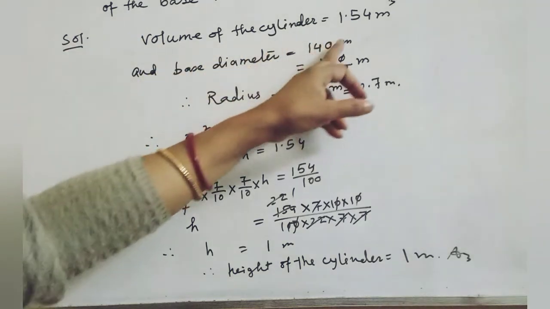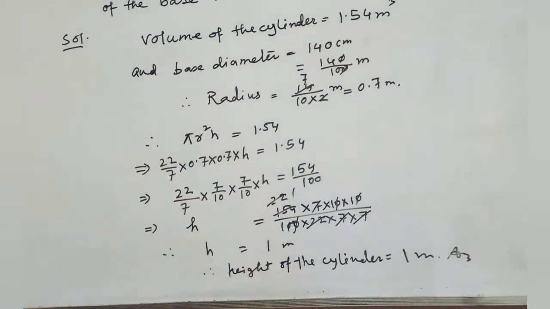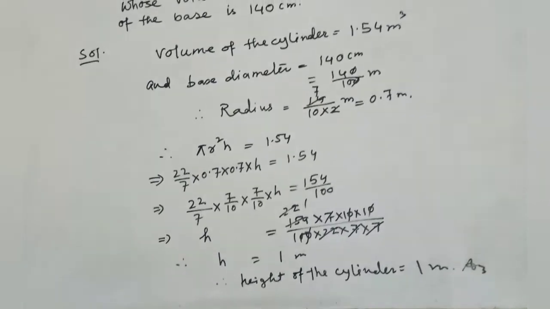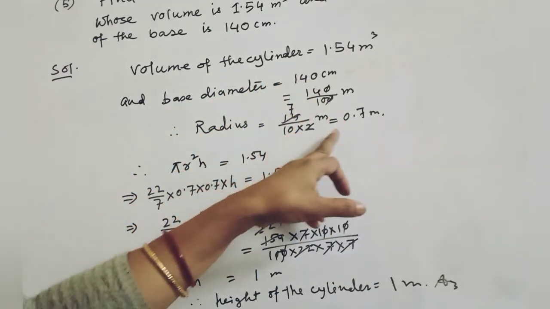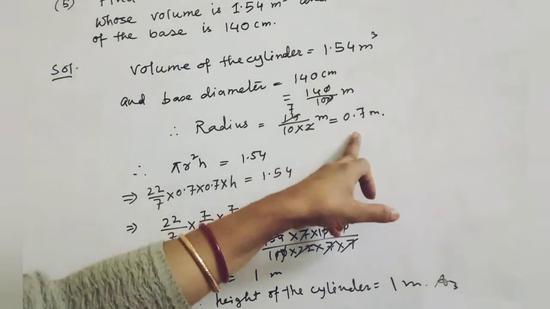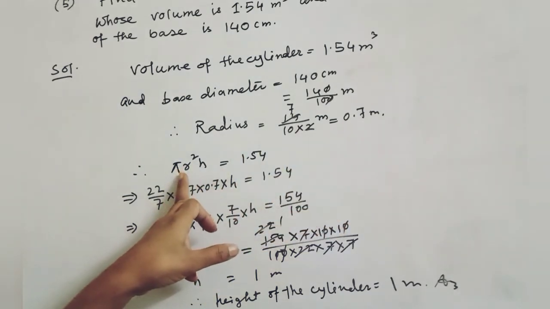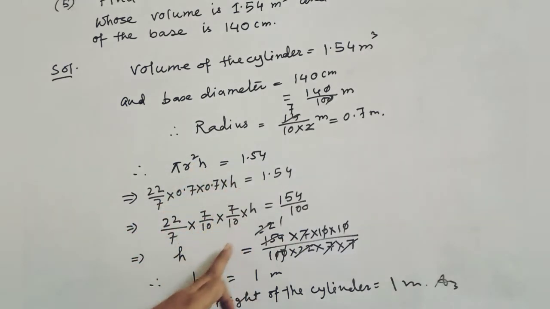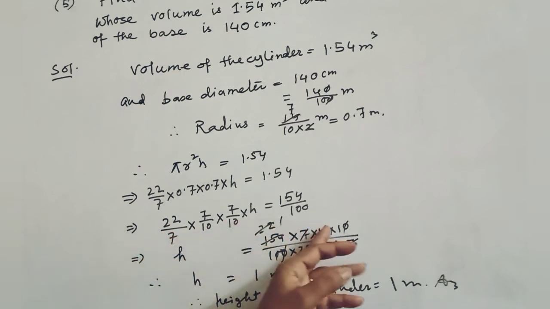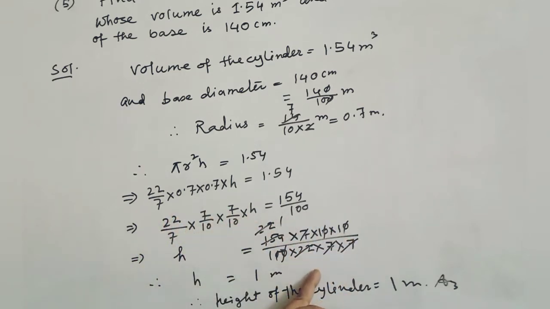The volume of the cylinder was given as 1.54, and the base diameter was also given. By using the diameter, we can find the radius. Then by using the formula pi r square h equal to 1.54, we get the height by using the transposing method. The denominators will go to the numerator and the numerator will go to the denominator.